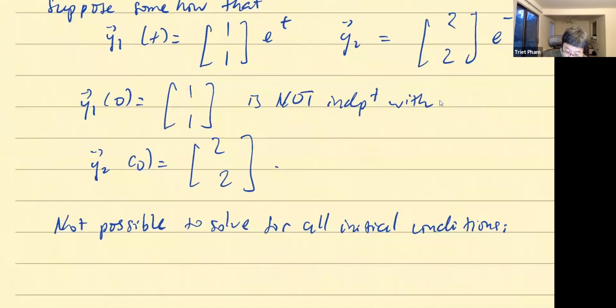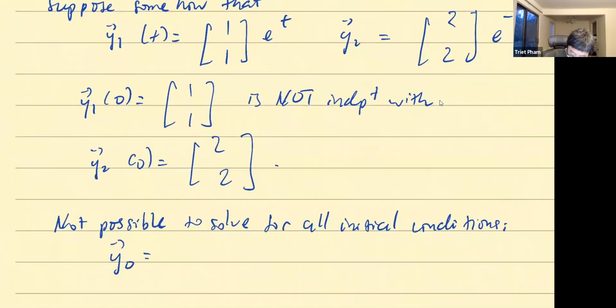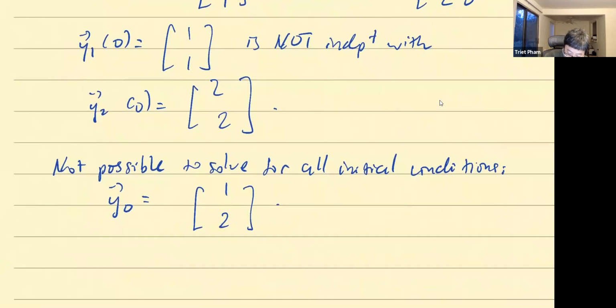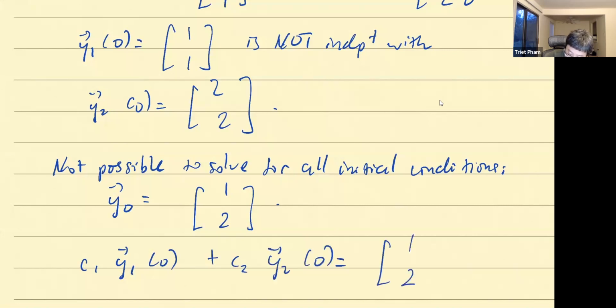So let's see. Suppose I let my initial condition be, again, (1, 2). Then what does it say here? C1 times y1 at 0 plus C2 times y2 at 0 must be (1, 2).